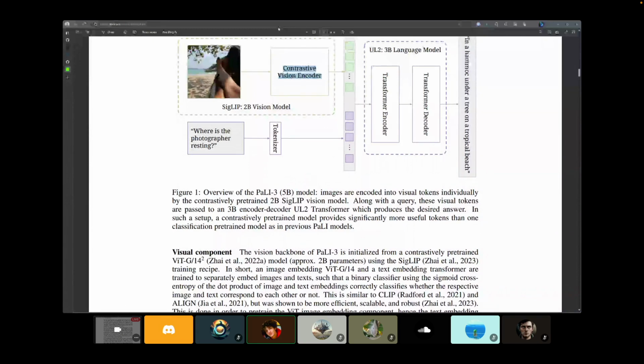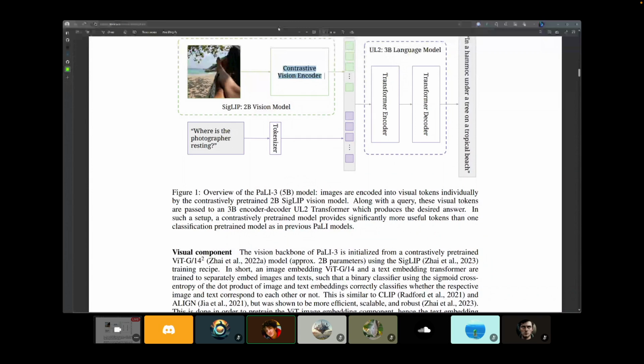So contrastively pre-trained models are different than classification. Evelyn, do you know the difference? I haven't been paying that close attention. I see.